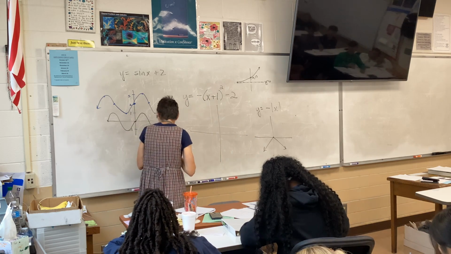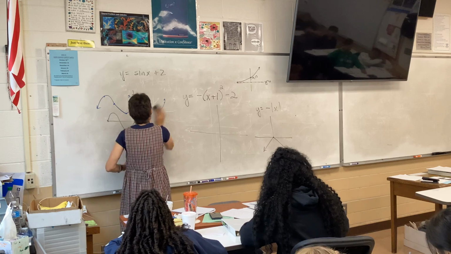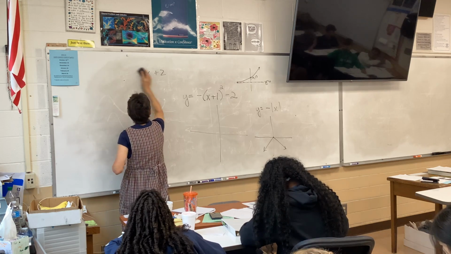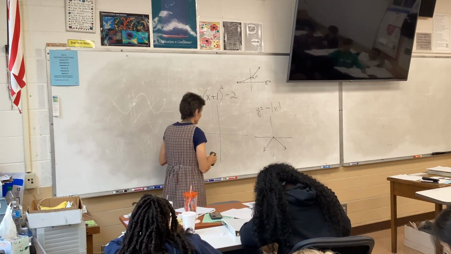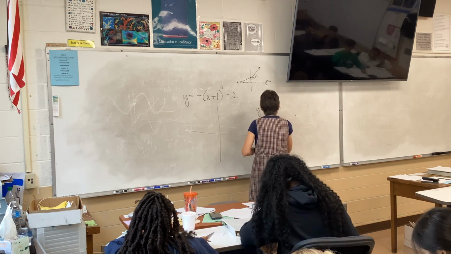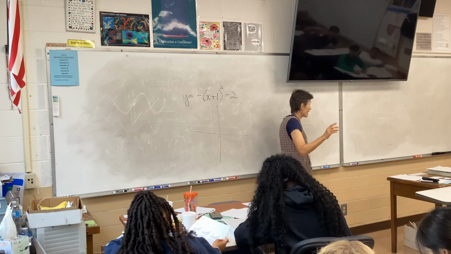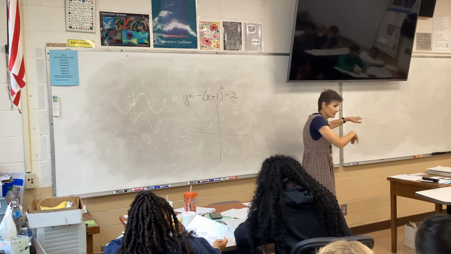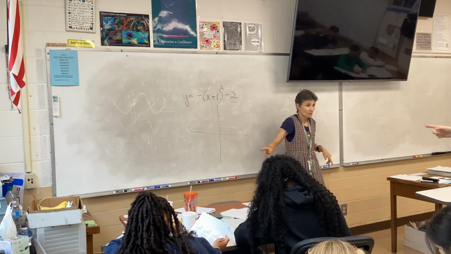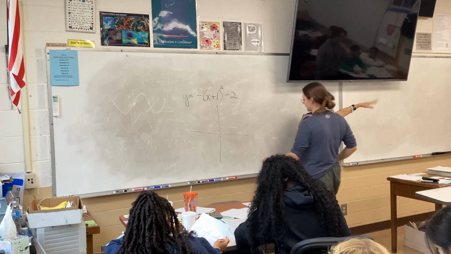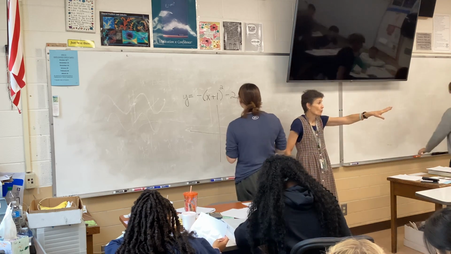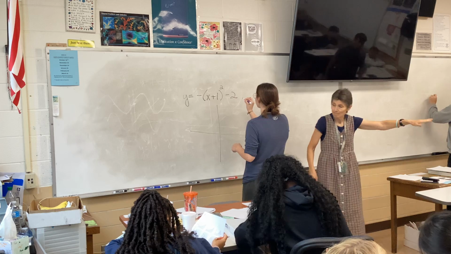Can somebody come up and graph this one? Think about what shape it is, and think about what's happening. Come on up. You can draw it there. Somebody else can draw it down there. And you can draw it over there. Don't erase my math for you.